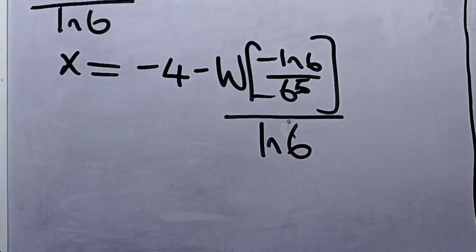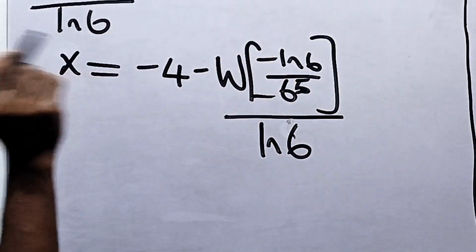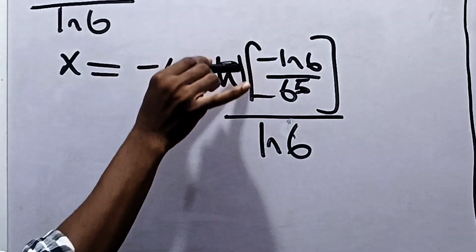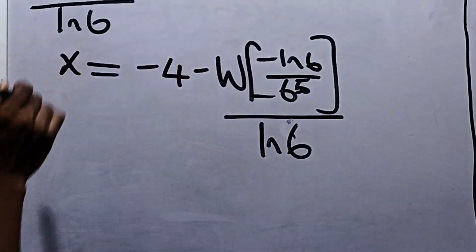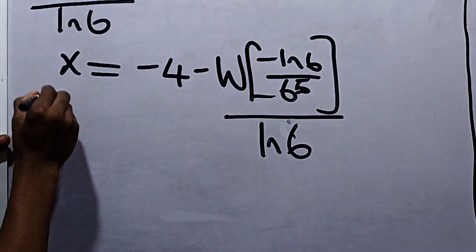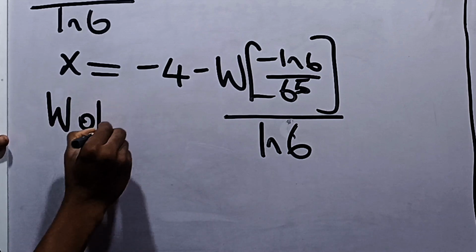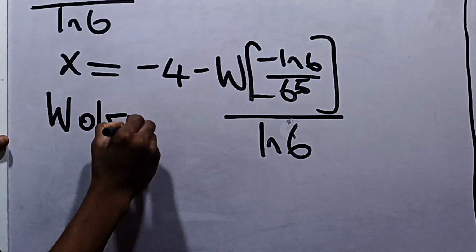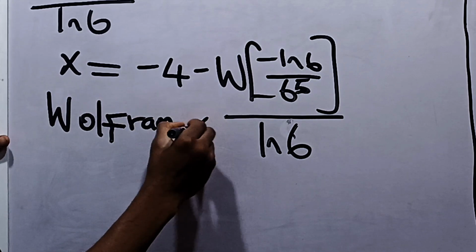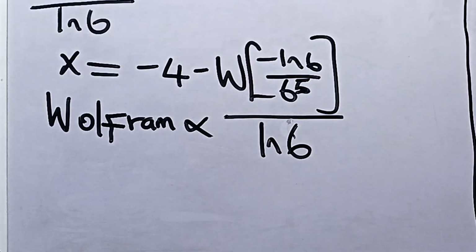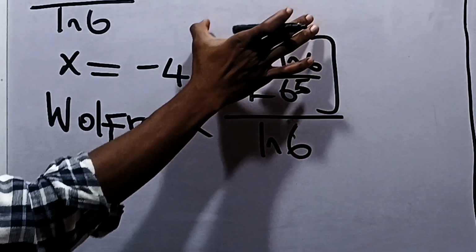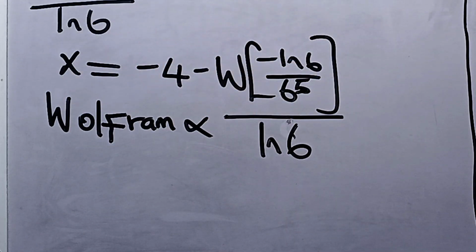This becomes the final answer to this question. Now, to get the exact value of this answer, you input this in the calculator known as Wolfram Alpha. The Wolfram Alpha calculator tells you the exact value of this in decimal.